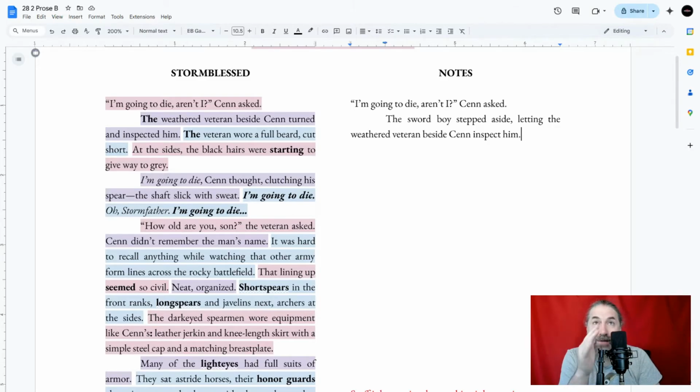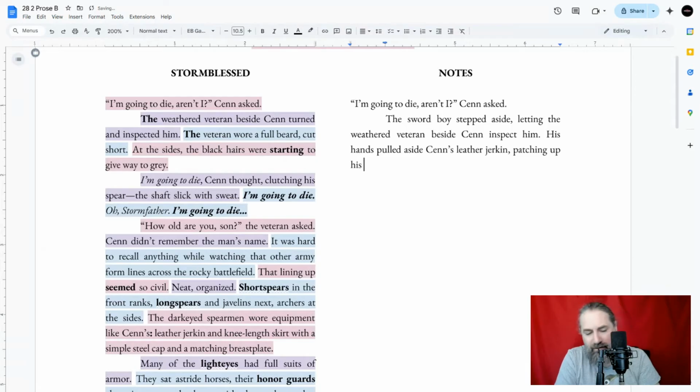Again, the sword boy probably would not pay attention to the veteran's beard and cut short hair, but the sword boy, letting the weathered veteran beside Shen inspect him, his hands pulled aside Shen's leather jerkin, patching up his bloody wound. Okay, because the sword boy is paying attention to those things, right?